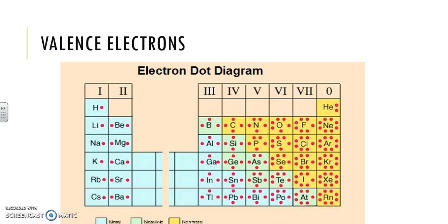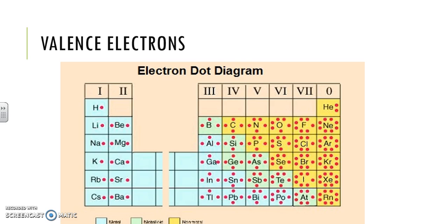A couple other things that we need to remember as we're proceeding forward here is the number of valence electrons in each of the individual atoms in the main group. Now remember that the main group is everything except for the transition metals and then the rare earth elements down toward the bottom of the periodic table.